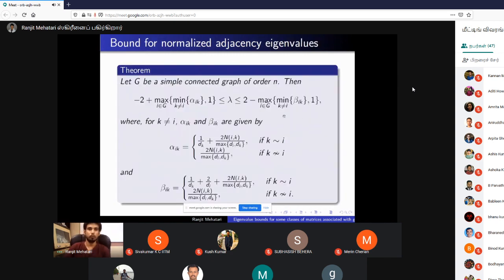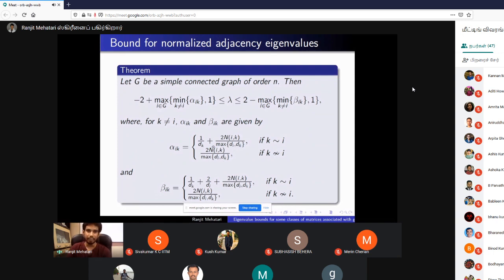Minus 2 is less than or equal to maximum over i in G of minimum over k not equal to i of alpha_ik, comma 1, which is less than or equal to lambda, which is less than or equal to 2 minus maximum over i in G of minimum over k not equal to i of beta_ik, 1. We define alpha_ik and beta_ik as follows.